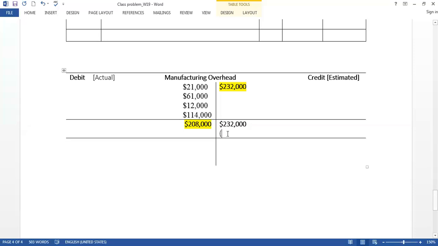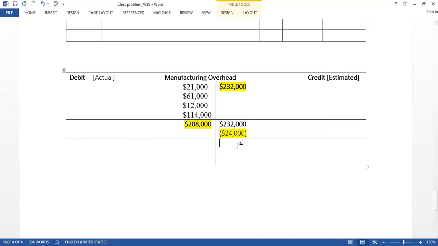Now if we deduct $24,000 from here, and add $24,000 here, that means we deduct $24,000 from here. So if we deduct $24,000 from here, now you can see that these two numbers are equal.